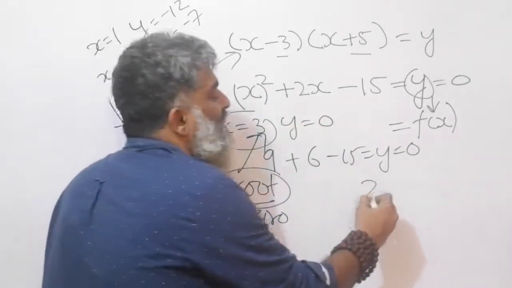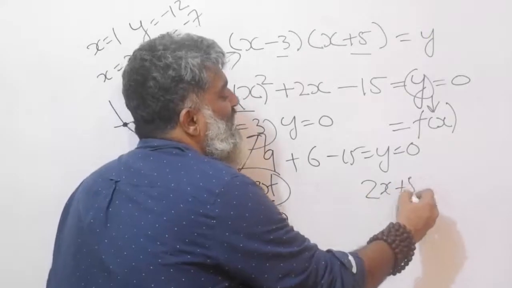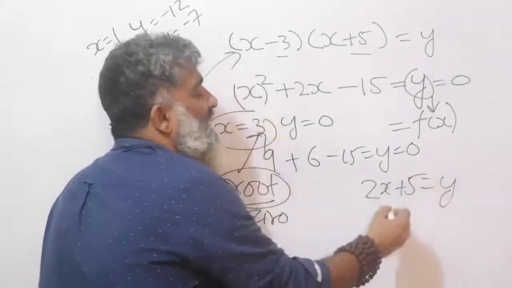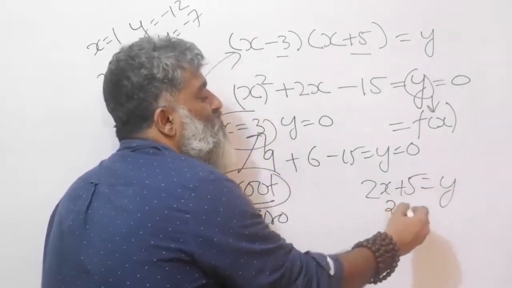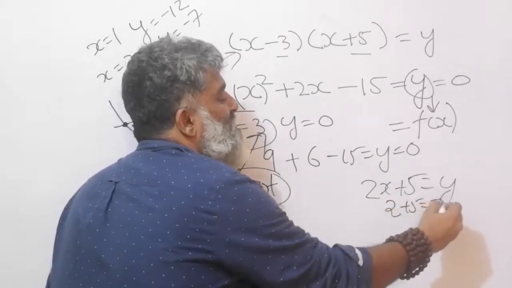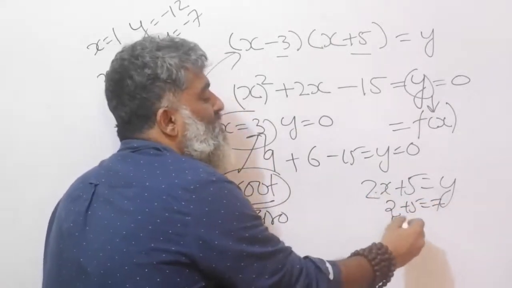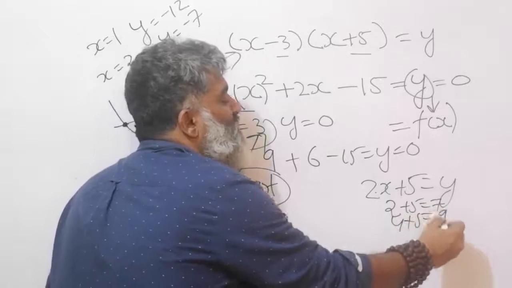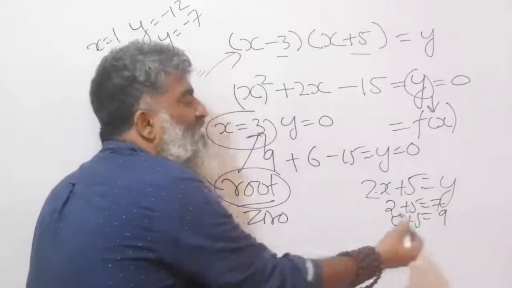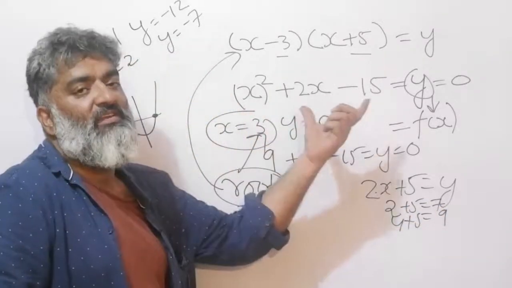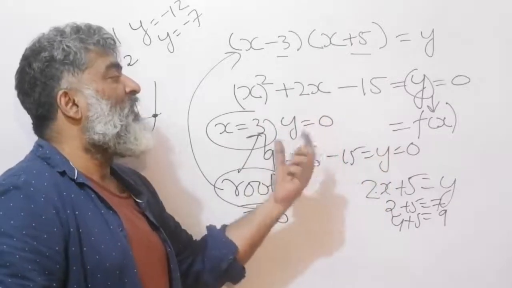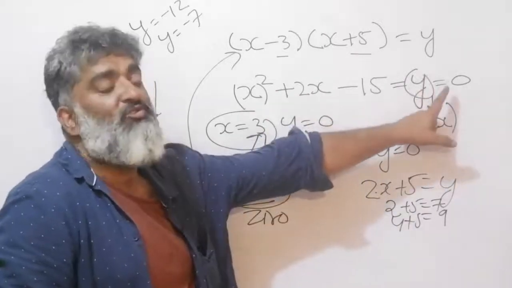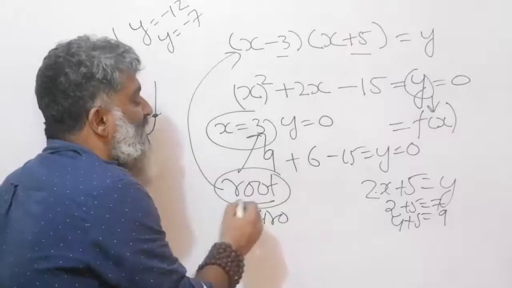I'll say, okay, this is 2x plus 5 is equal to y. X is 1, so this will become 2 plus 5, y will become 7. X is 2, this will become 4 plus 5 is equal to 9, right? So basic input output game, now at the quadratic level. And now also interest in when is this going to be 0, and whenever it is 0, that point is known as the root.